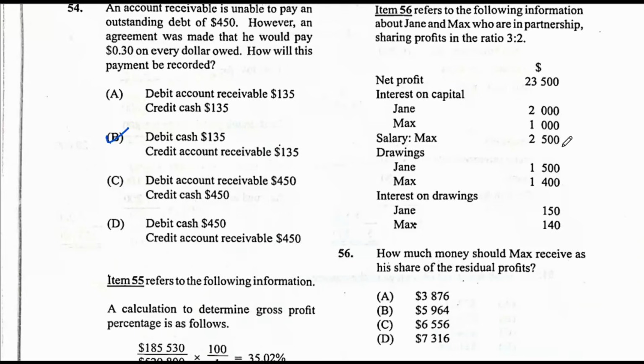Now, what you guys would have had to do in this situation is an appropriation account. Yeah, guys, an appropriation account for a partnership. I'm sure you guys remember how that went down. All right, let's check it out. In an appropriation account, in order to arrive at the figure that will be used to share the profit, you take the net profit of the business, which is $23,005, and add back any amounts that will be increasing this profit.